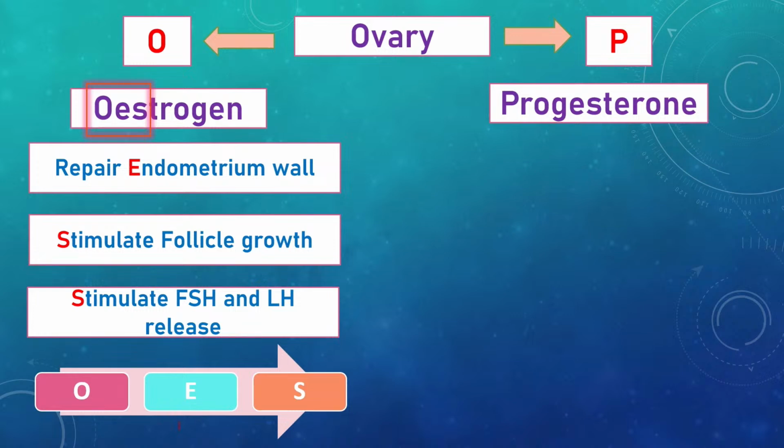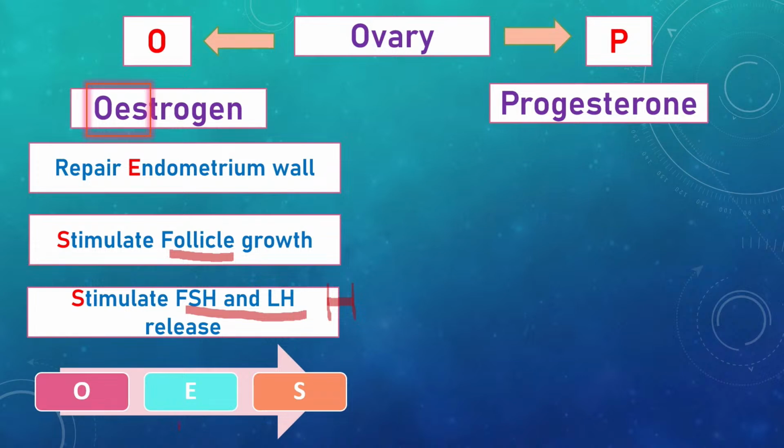So we go through that one more time. OES: OE for repairing endometrium from zero. S for stimulate. Stimulate, we have 2 here, so you can add on in your handout. One, stimulate follicle; another one, stimulate the hormone. Now that's with estrogen.